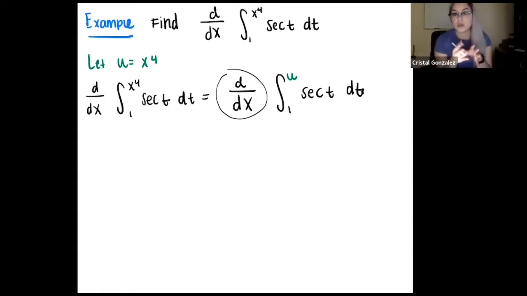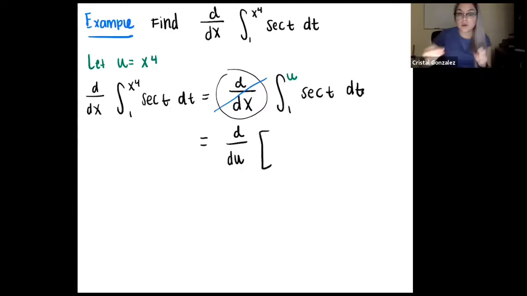Now, you don't have to do this each time, but I'm showing you why it works, right? So I'm not going to write that. I'm going to say that it actually equals the derivative with respect to u, because now we're differentiating with respect to u. But remember, x is still involved in all this, and so we need to do chain rule.